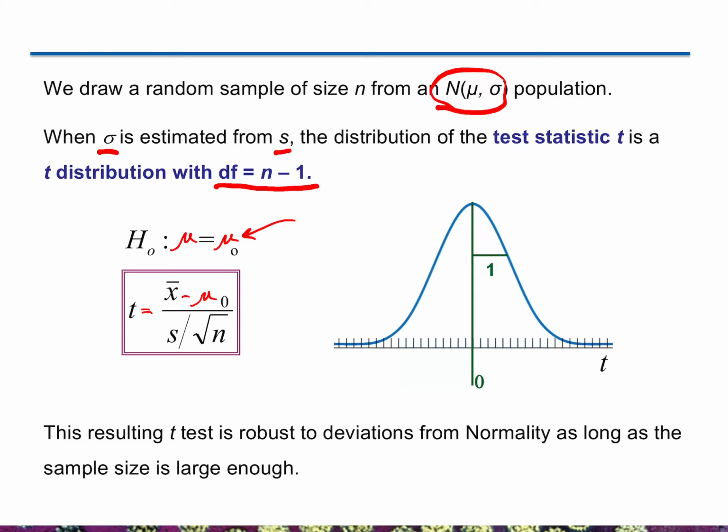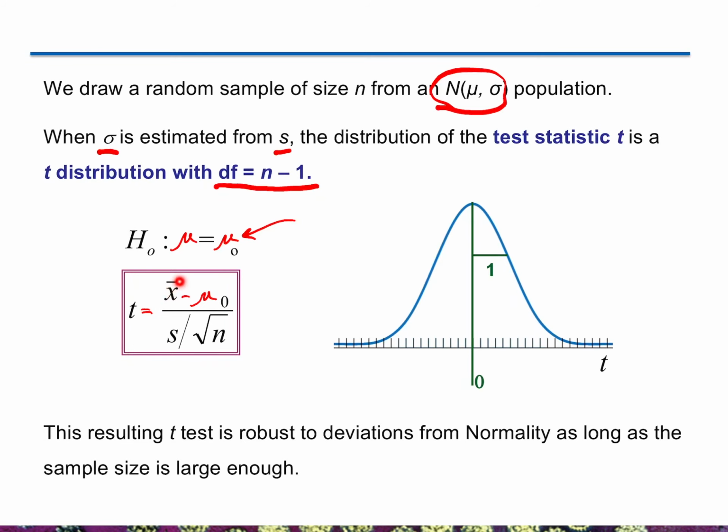All right, so this gives us a test statistic called t, and we're going to use table C to figure out what p-value corresponds to whatever test statistic we calculate. All right, so t is just like z in the sense that it is a measure of standard deviations.